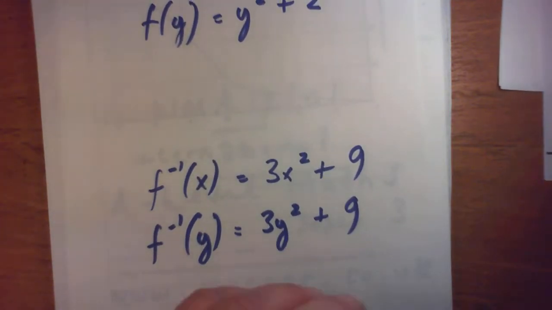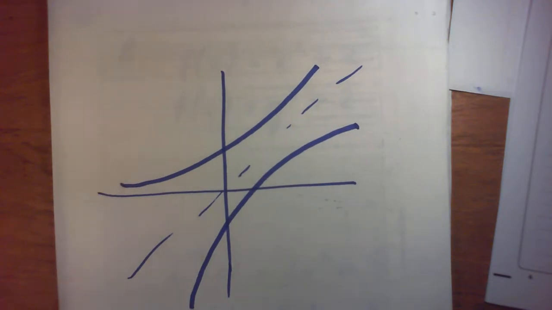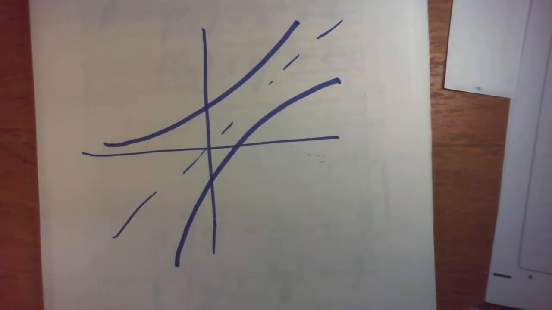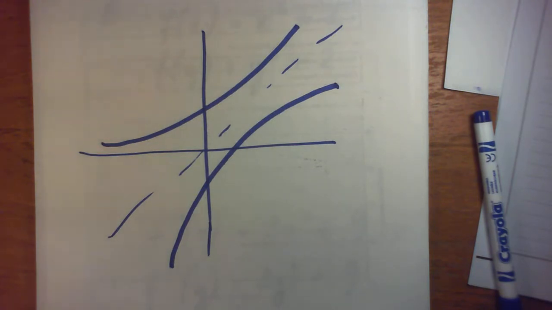I mean, you'd have a situation like this. If you map them on the same graph, they are symmetric about the 45-degree angle line, this dotted line.